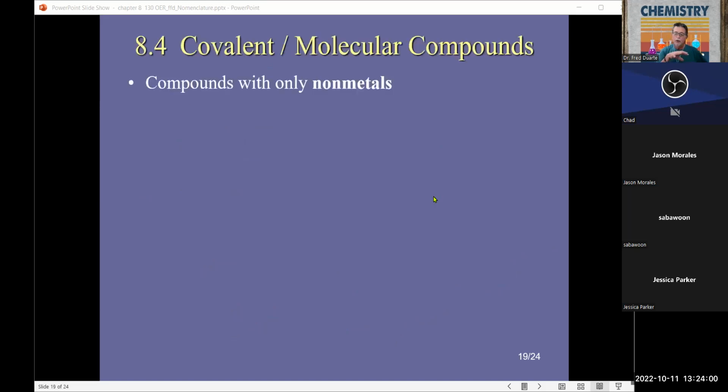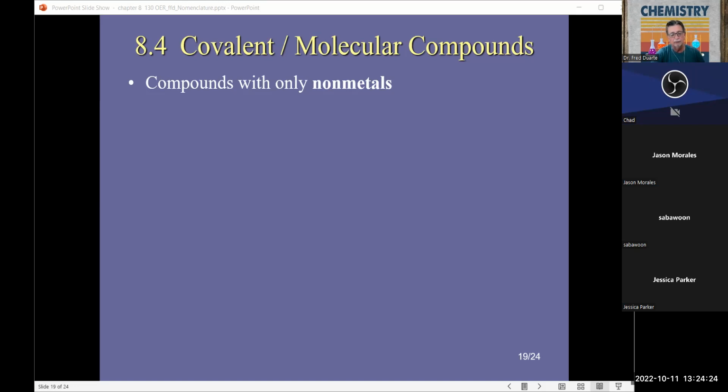All right, so that brings us to covalent compounds. Now, the anion part, like the sulfur, the oxygen, the phosphide, their naming stays the same in molecular compounds. So oxygen is oxide, be it in an ionic compound or a covalent compound.